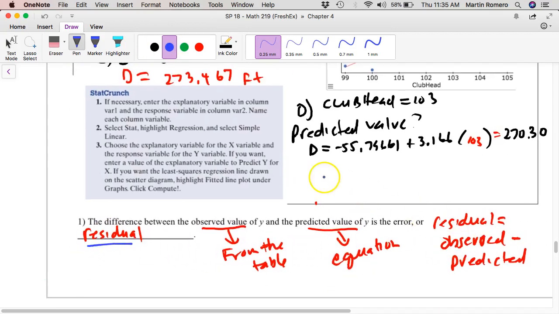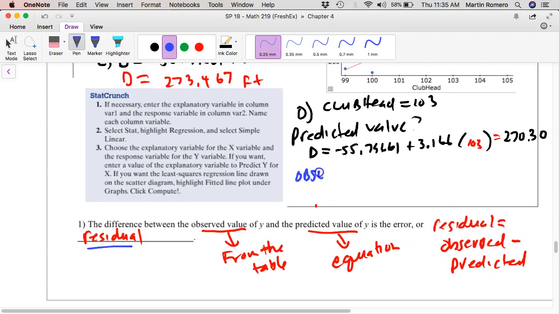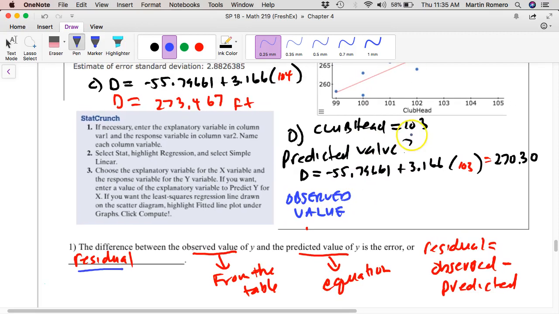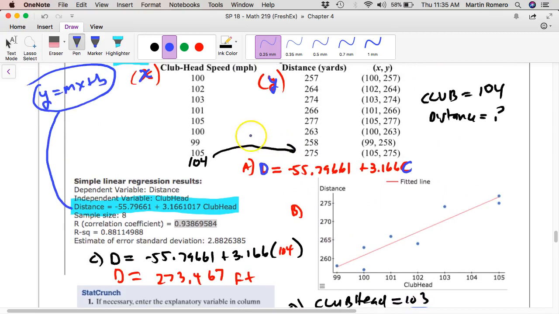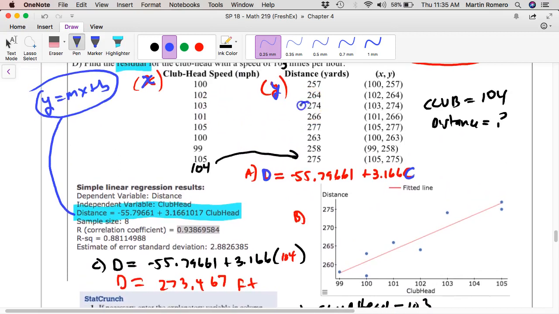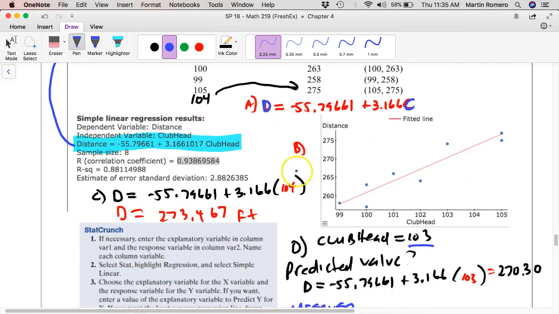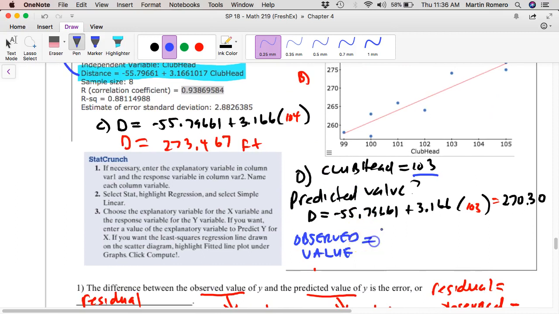Now we need to find the residual, so we need the observed value. The observed value comes from the table. We look for the club head of 103 in the table, and the observed is 274.